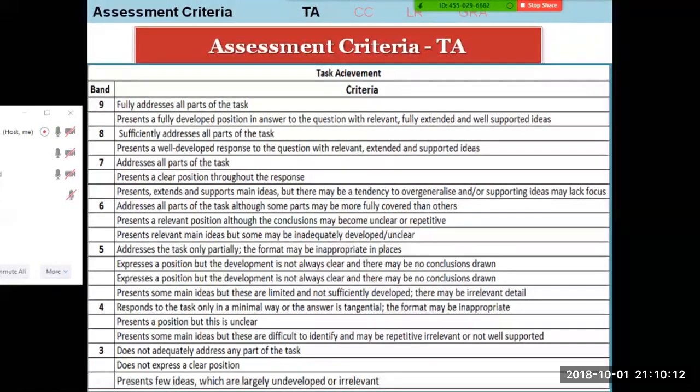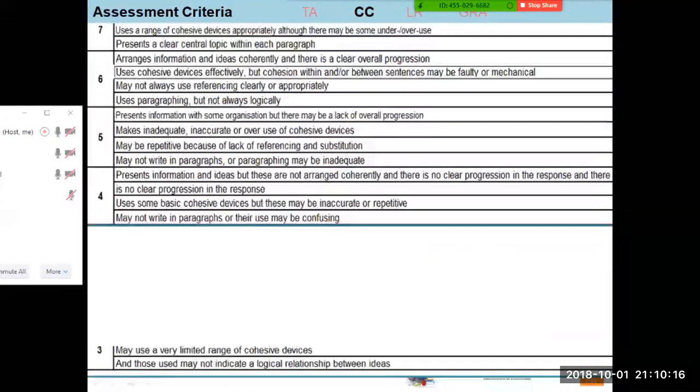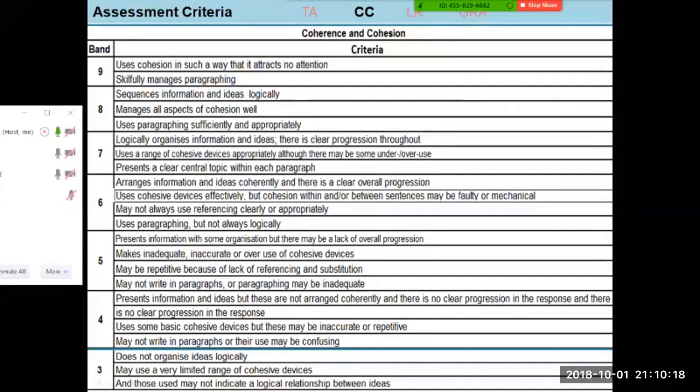Okay. So are you done? Yes, sir. Okay. This is the second criterion, coherence and cohesion. Done. Yes. I thought girls are quick in taking pictures, but no. Yes, sir.